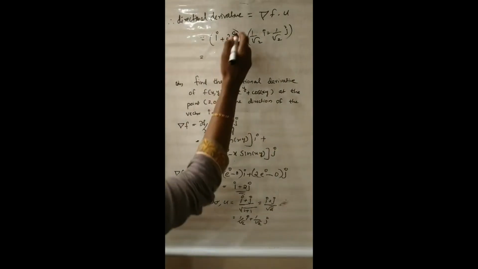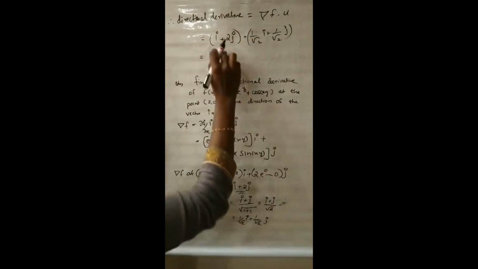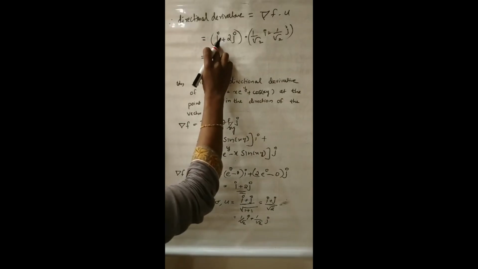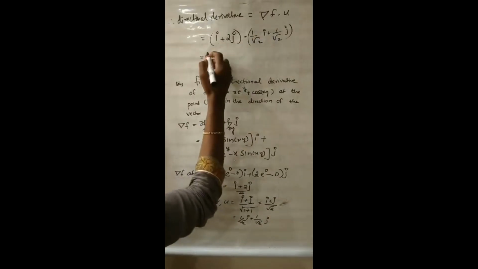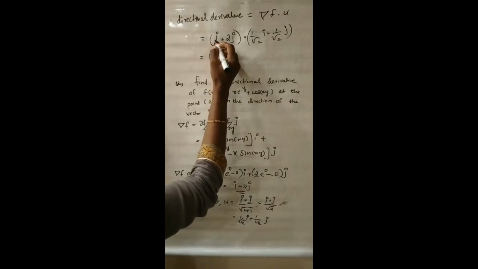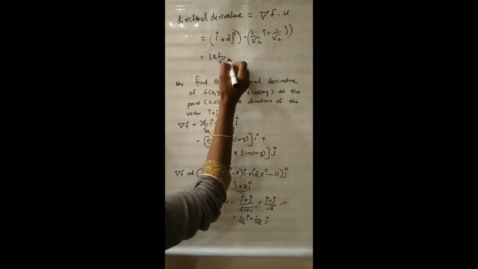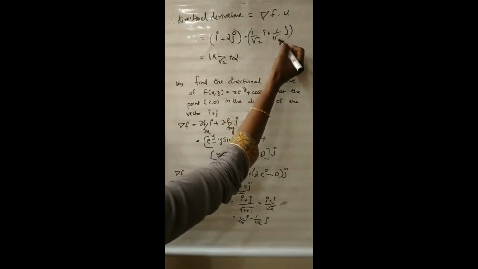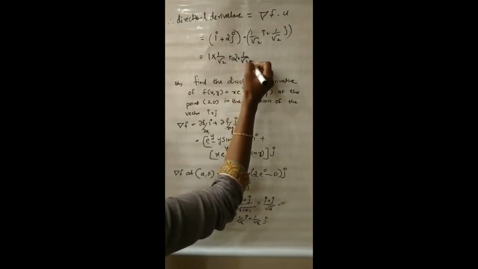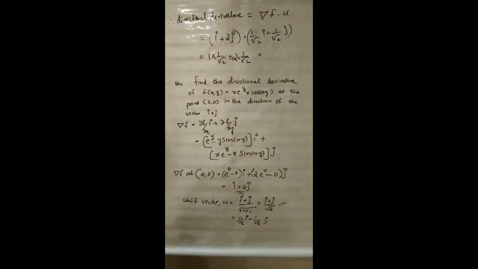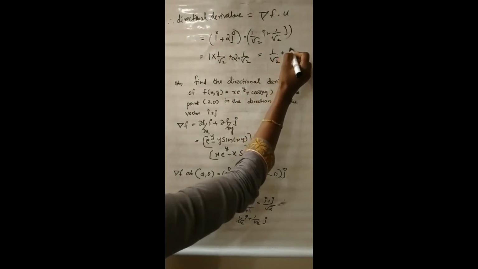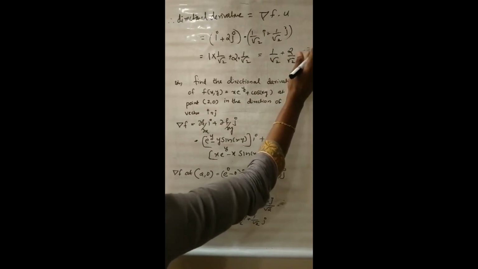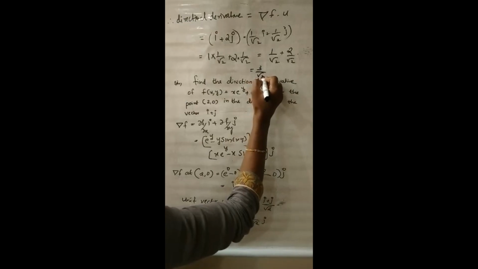How do you find the dot product of two vectors? Component wise multiplication. Here the component of i is 1 and the component of i in the other vector is 1 by root 2. So first take 1 into 1 by root 2, plus the component of j, which is 2, times the component of j in the second vector, 1 by root 2. So we get the dot product as 1 by root 2 plus 2 by root 2. So the answer is 3 by root 2. So we get the directional derivative as 3 by root 2.